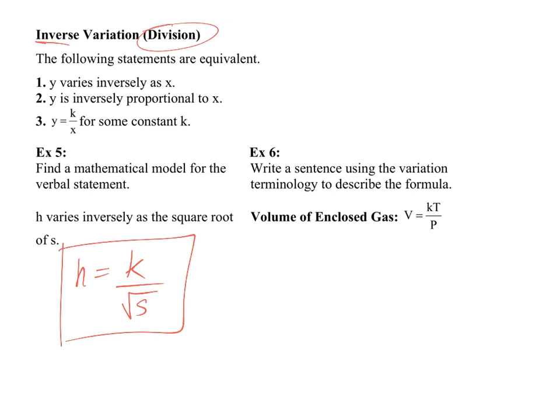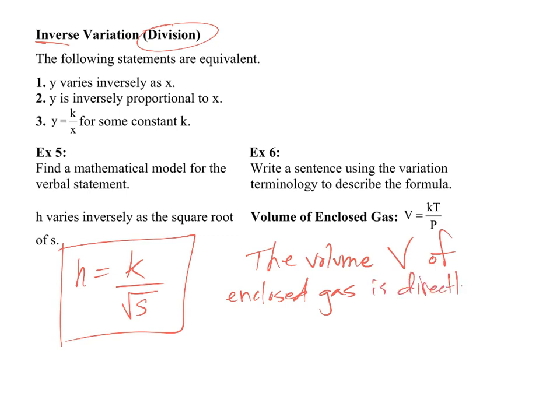Example 6, we're going backwards once again. So we say the volume V of enclosed gas is directly proportional to, well, here's just my constant.